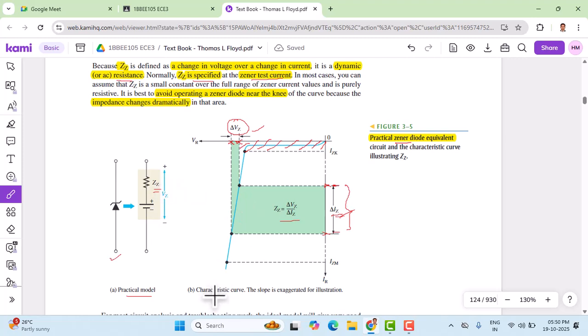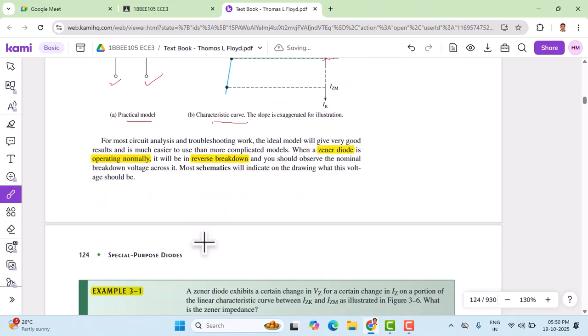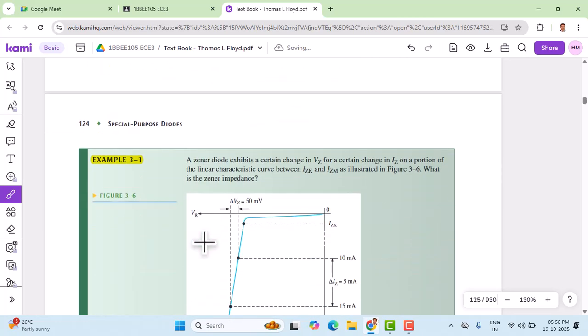This is a characteristics curve, and here we show how to measure the Zener impedance, along with the practical model equivalent circuit. It's good to operate the Zener diode in the test region, so that we can see the Zener operation properly. Let's go through an example here.